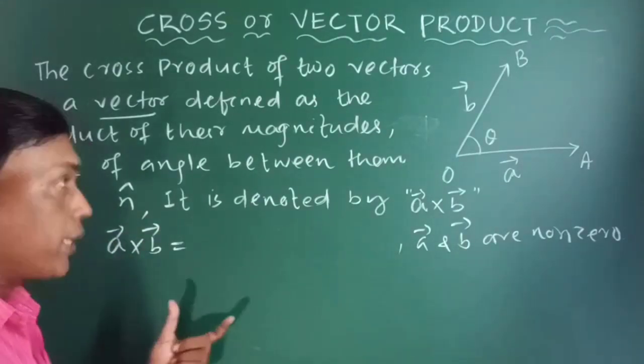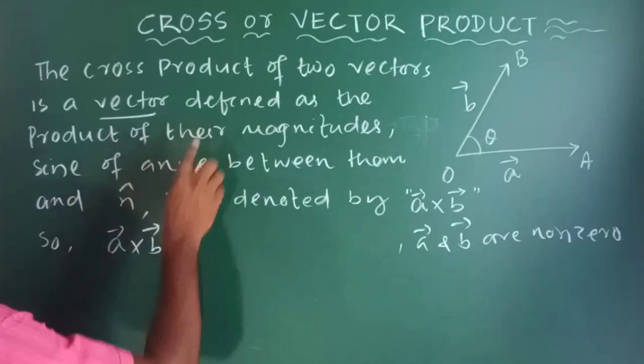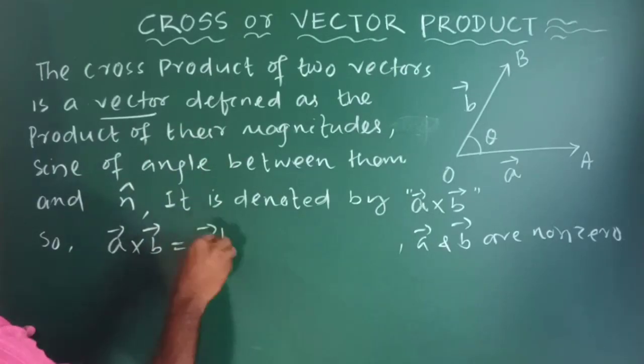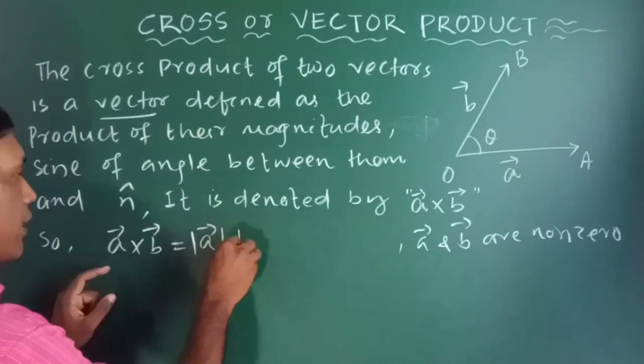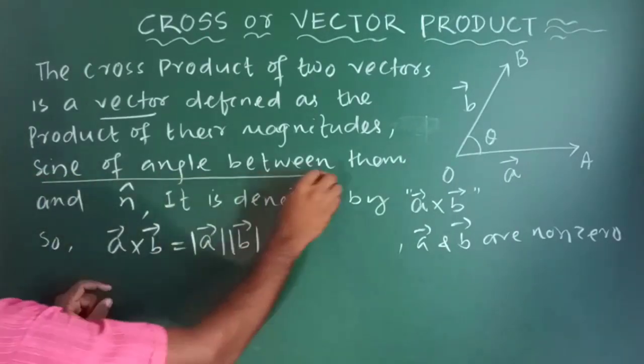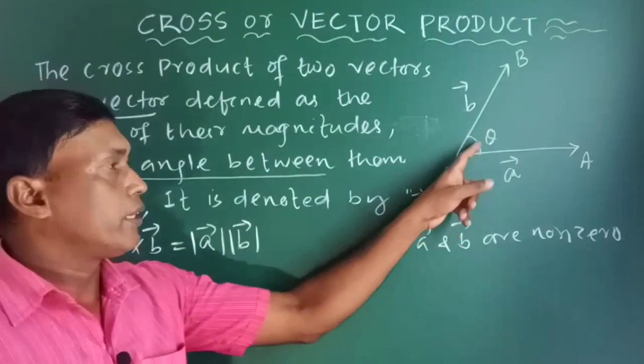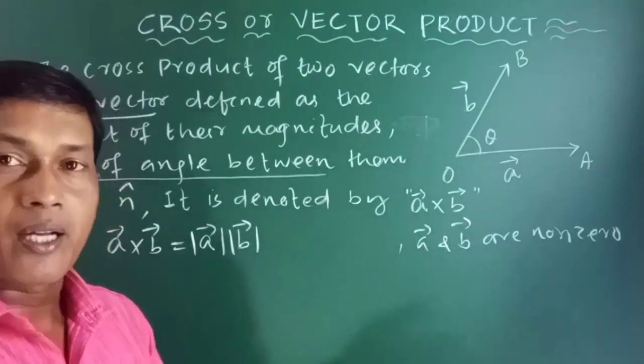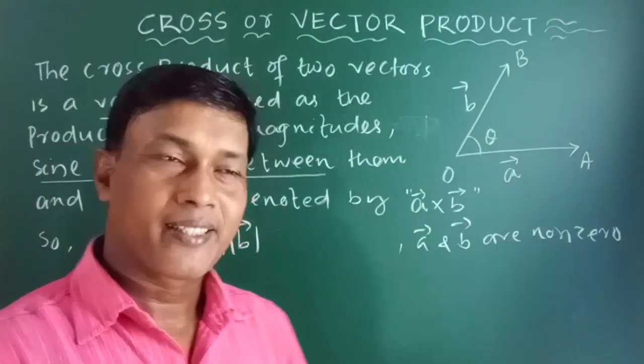It is a vector quantity which is the product of their magnitudes, meaning magnitude of A into magnitude of B into sine of the angle between them. Here theta is the angle between them, and sine of the angle between them is sine theta.